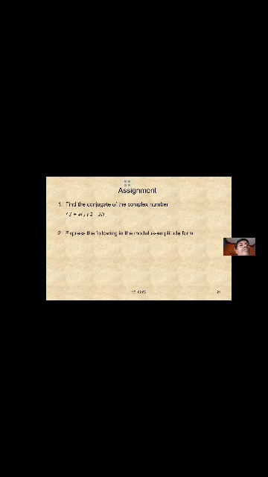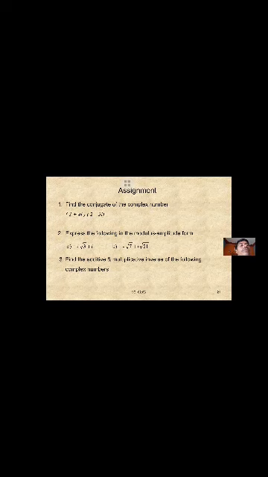Second question. Express the following in the modulus amplitude form: a, minus root 3 plus i, and b, minus root 7 plus i into root 21.